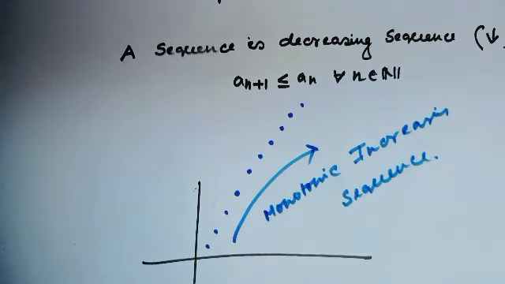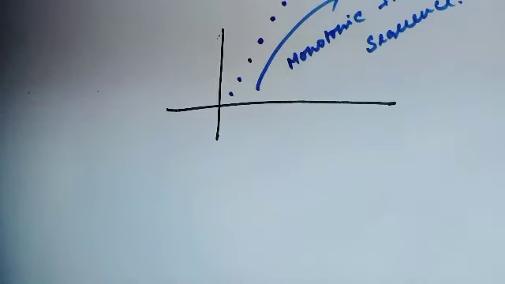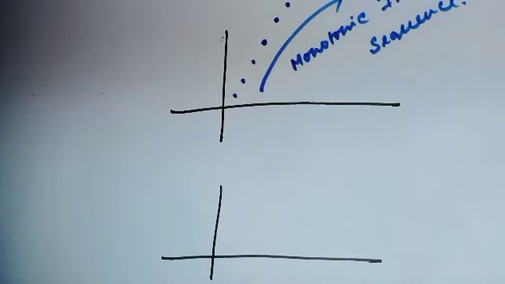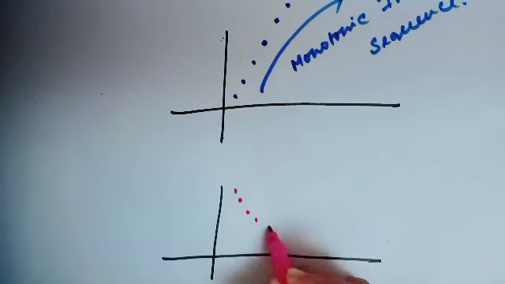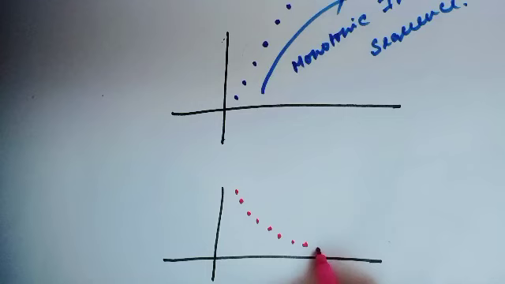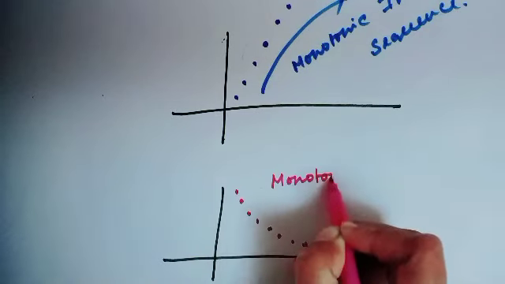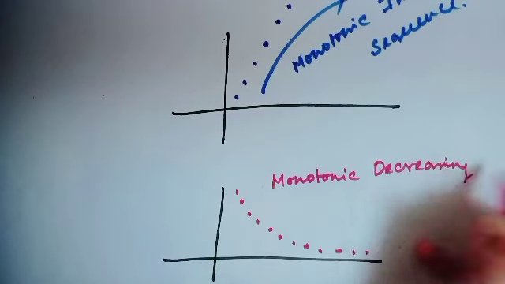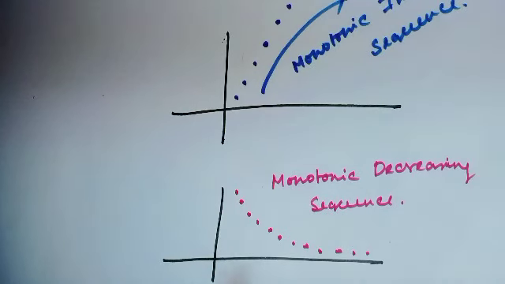Okay, all right. And what is the graph of a monotonic decreasing sequence? This is the monotonic decreasing sequence, because all terms are always going below.